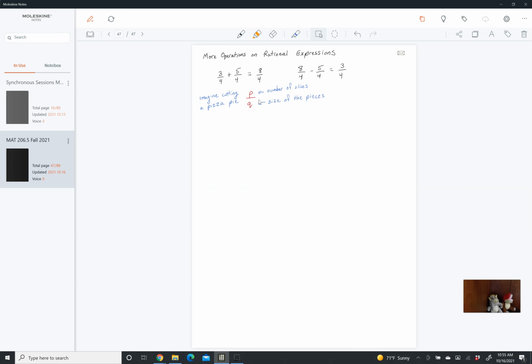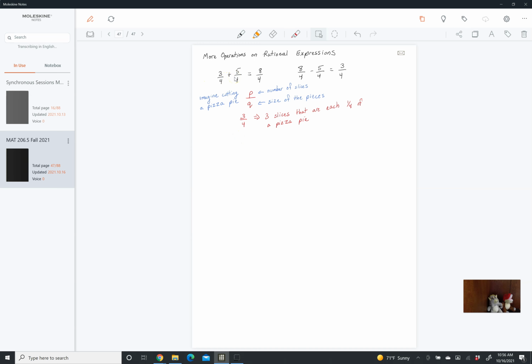So if we have 3 over 4, that would be saying that we have 3 slices that are each 1/4 of a pizza pie. So here we have 3 slices, each 1/4.